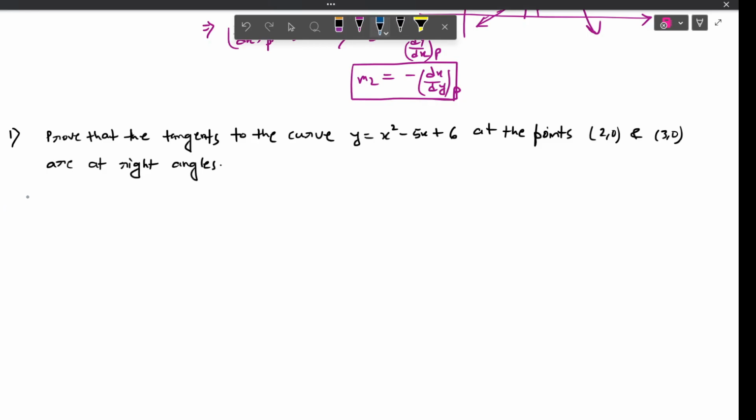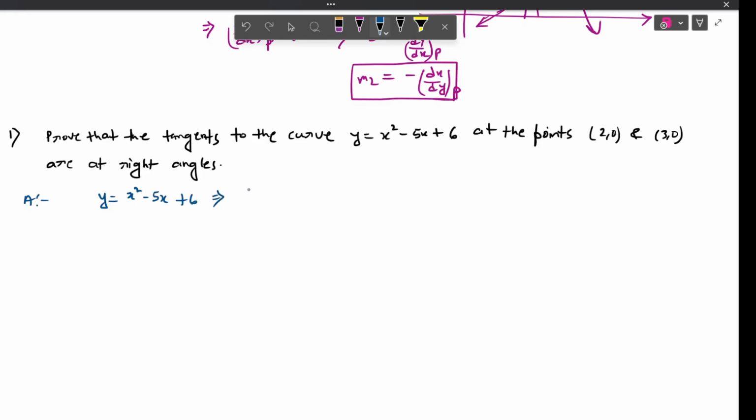Okay, let's see the solution. The equation is given, y equals x square minus 5x plus 6.